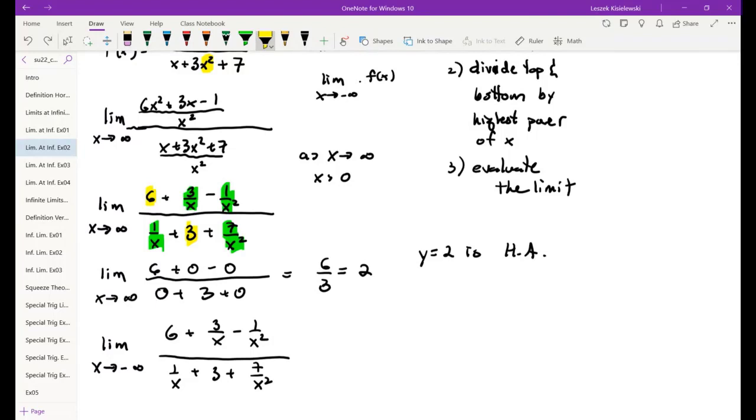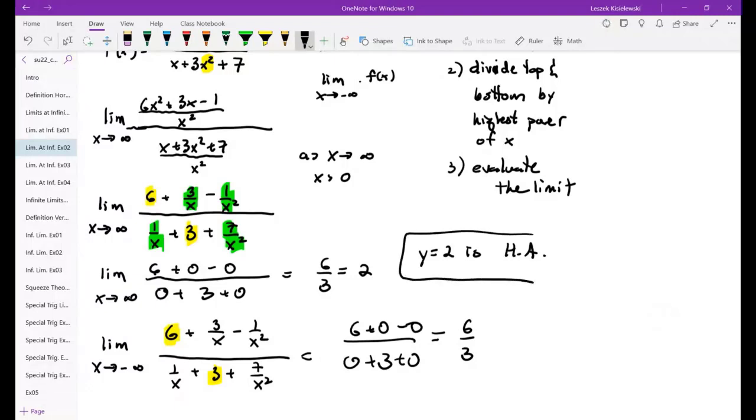So the constants will remain themselves, but all the other junk will go to 0 because x is going to negative infinity. So we still get 3. So again, we don't get a new horizontal asymptote. That's still the old one, y equals 2. All right.